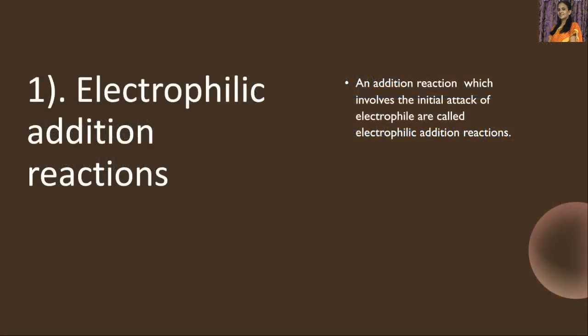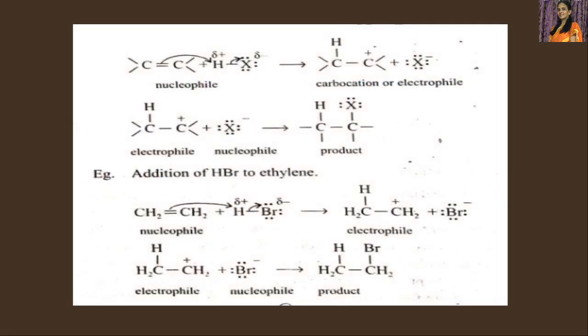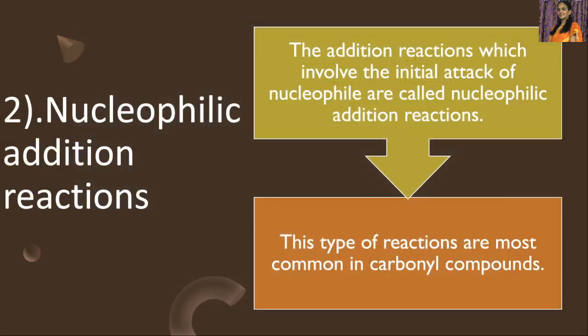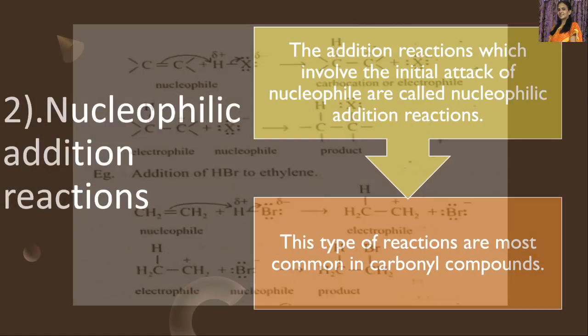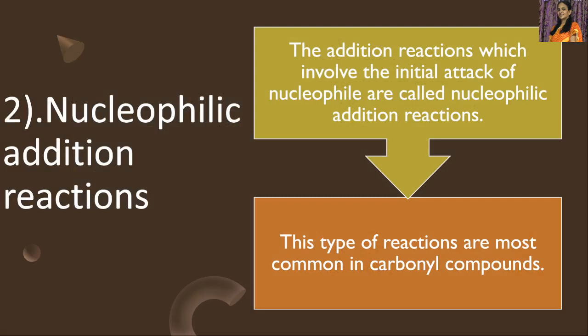Electrophilic addition reactions are initiated by an electrophile, and are the characteristic reactions of unsaturated compounds where C=C double and triple bonds are present. Nucleophilic addition reactions are the characteristic reactions of aldehydes and ketones, that is carbonyl compounds, where the reaction is initiated by a nucleophile.